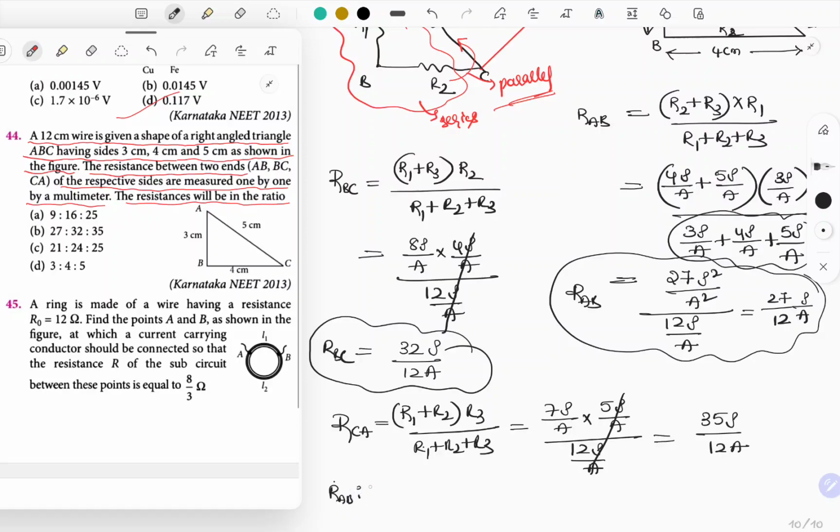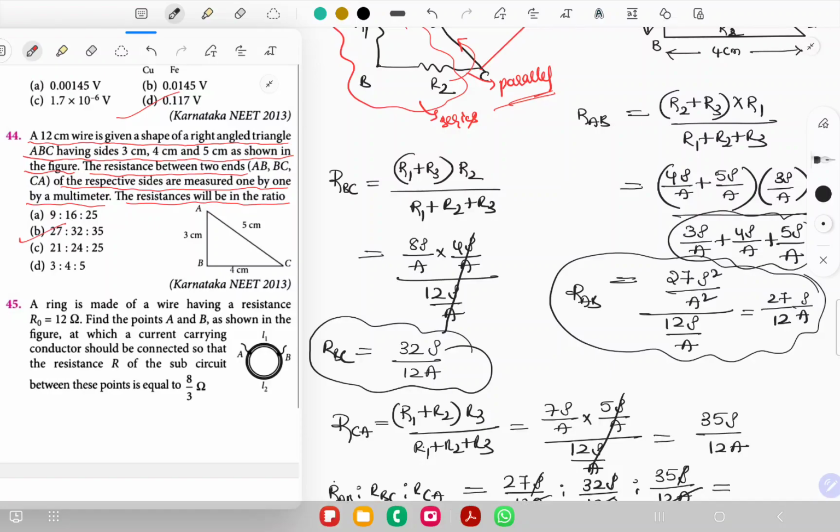RAB is to RBC is to RCA, which is equal to RAB is 27 rho by 12A is to RBC 32 rho by 12A is to 35 rho by 12A. This will get cancelled. Rho also will get cancelled. So that's the final answer. Which option matches? Option B is the correct answer. Got it? That's the way.